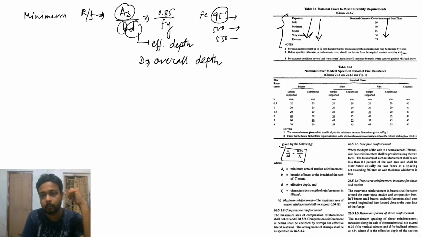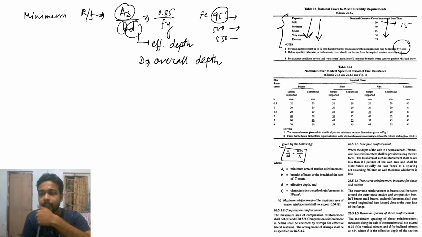For main reinforcement of 12 mm diameter, in mild exposure the nominal cover may be reduced by 5 mm. Suppose you are using 12 mm diameter, in that case 20 becomes 15, but for more than 12 mm it will be 20.